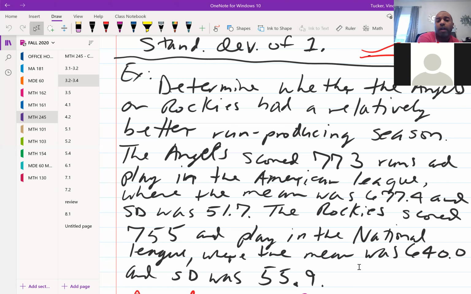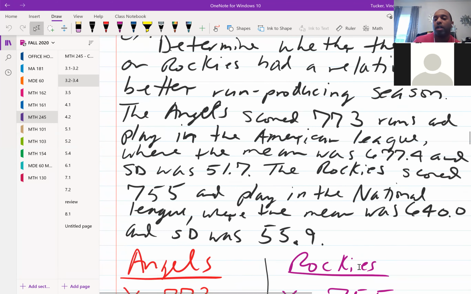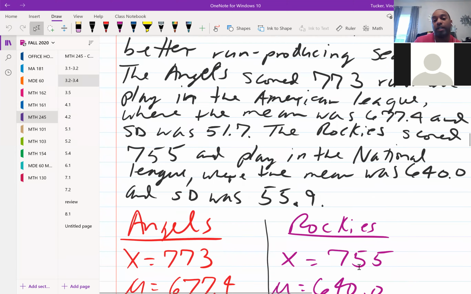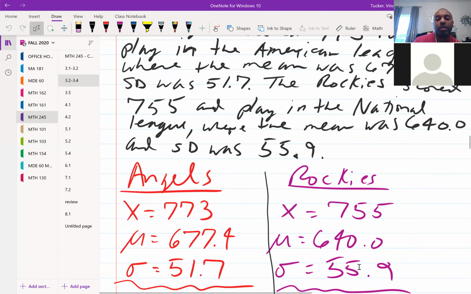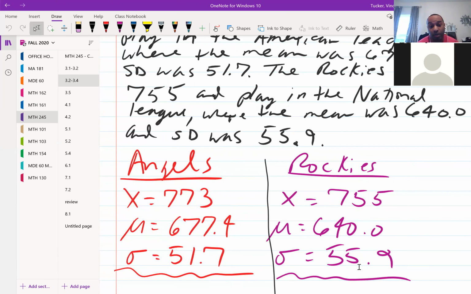And so the Angels, they scored 773 runs and play in the American League, where the average and the standard deviation were different. And the Rockies play in the National, and their standard deviation was a little different as well. So this is the information that we know. Got 773 for our data value for the Angels, with a mean 677.4, standard deviation 51.7.